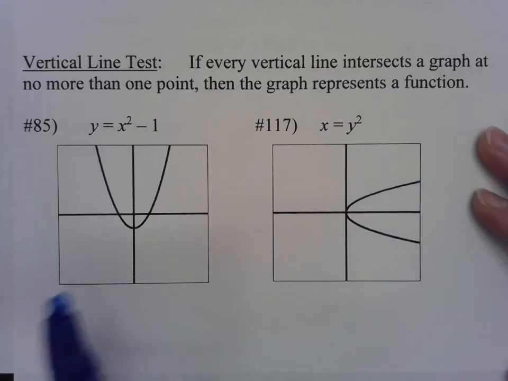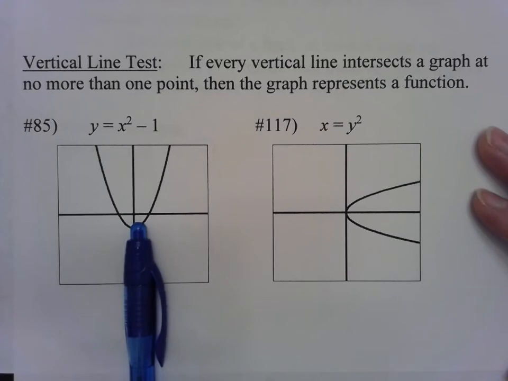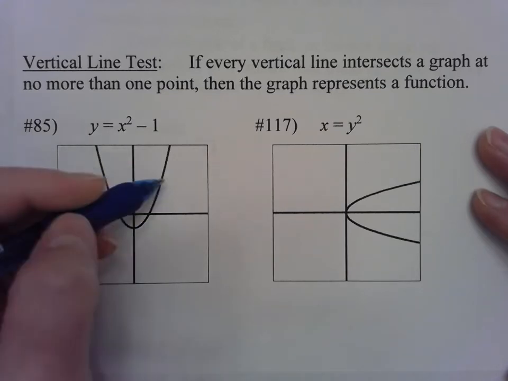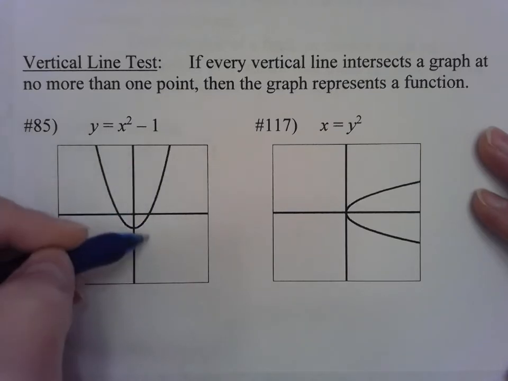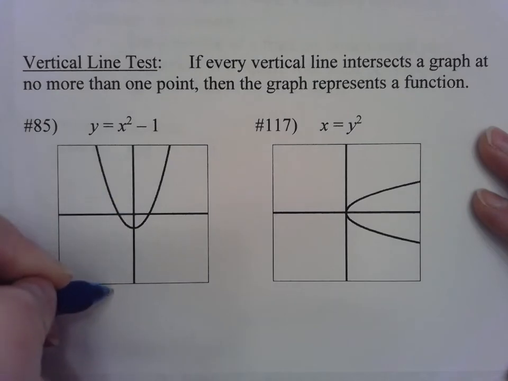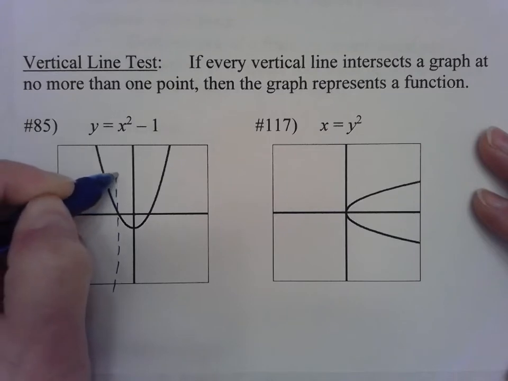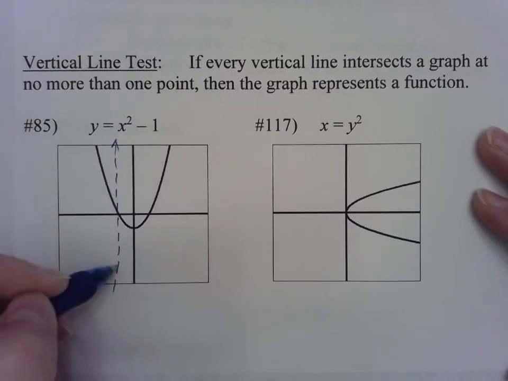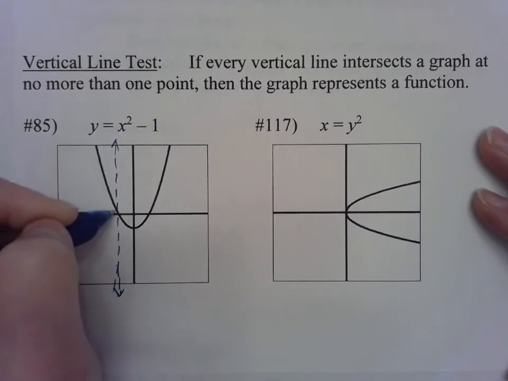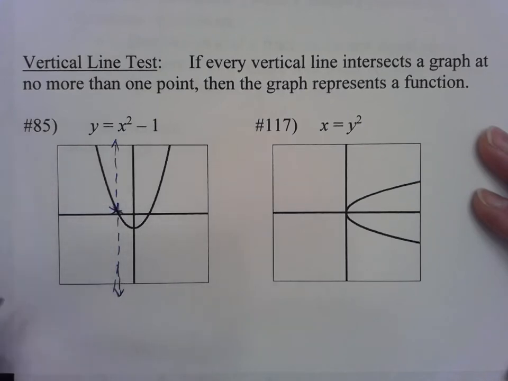All right, I kind of gave it away, but this one is okay. This is a function, right? Anywhere on this graph, if I drew in a vertical line, I'm just going to draw one as an example, maybe, if I can make it straight. Right? It's only going to touch in one spot. So this checks out.